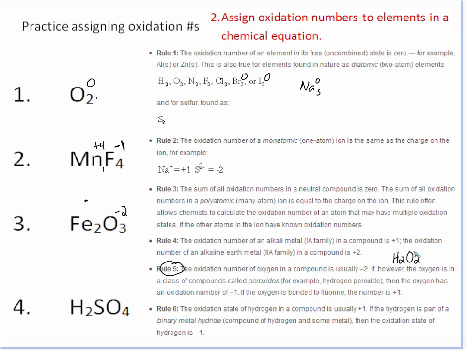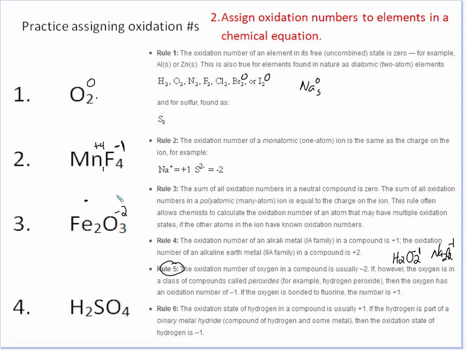When oxygen is in a peroxide, it's -1. I think there's another one, sodium peroxide, Na2O2, and the oxygen is -1 there too. So oxygen's usually -2, unless it's a peroxide.